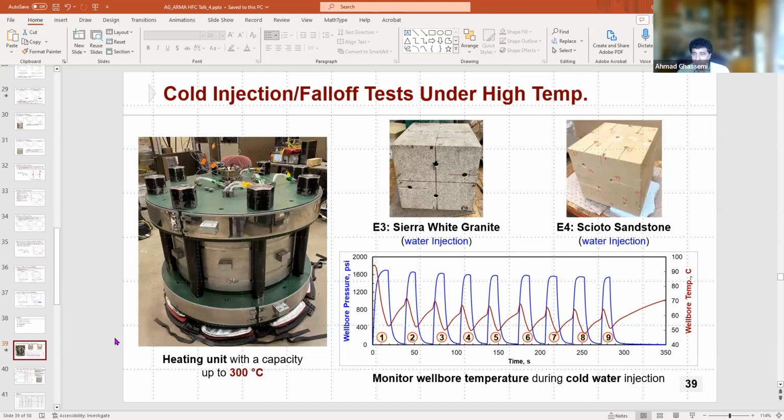We feel that the decrease of breakdown pressure with cooling is well understood and well established, so we didn't want to do much there. So we decided to do our hydraulic fracturing first, then heat it up, and then do a few injection cycles and see what the impact is on, say, ISIP, reopening and closure pressures.